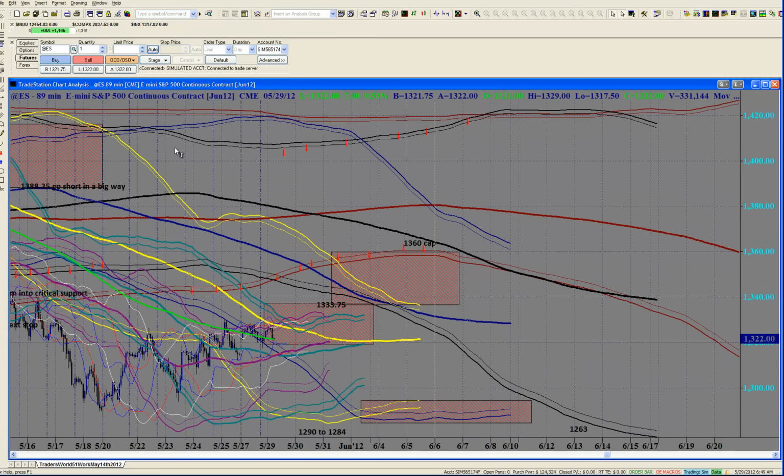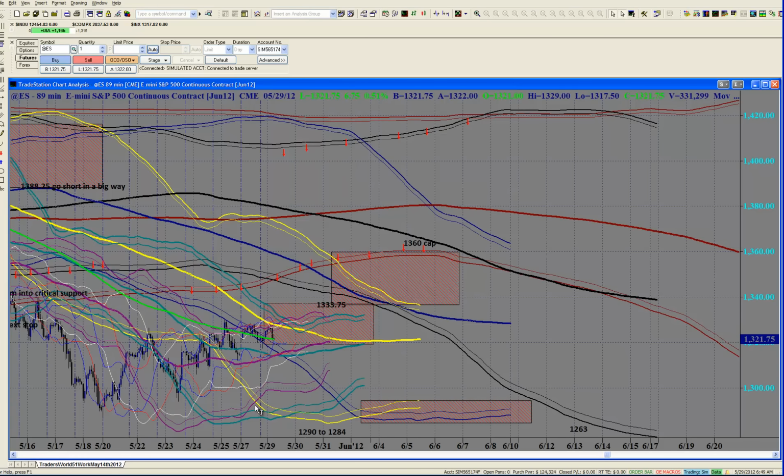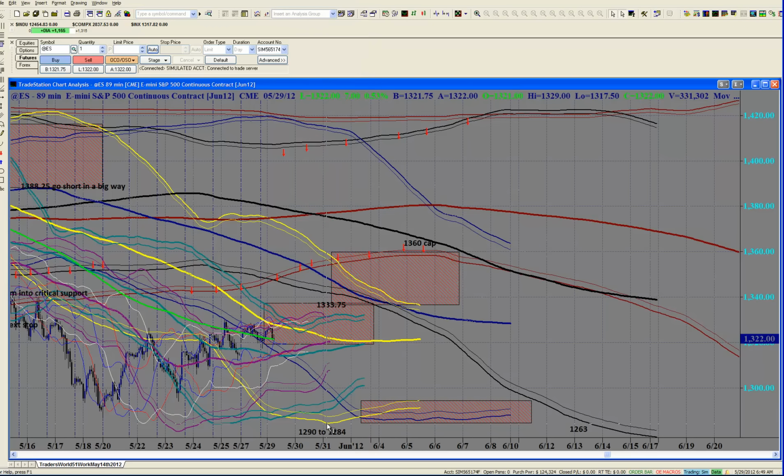If I now go to an 89-minute chart, a little bit longer-term view, you can see the initial risk here is about 1298, and any lower boundaries that you see slope down actually act as support. Technically there's some support between 1289 and 1284 on the S&P 500 June futures.